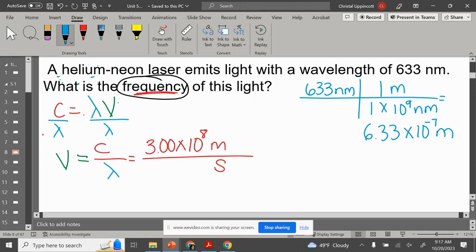Okay, so type in 633. Do you see where it says 633 here? Okay, now you're going to divide by that number.